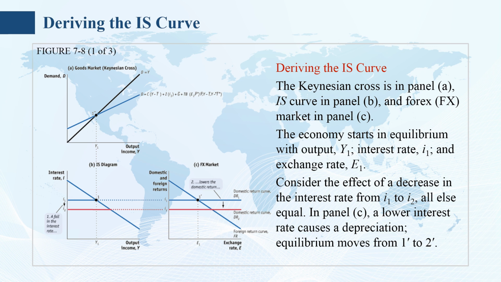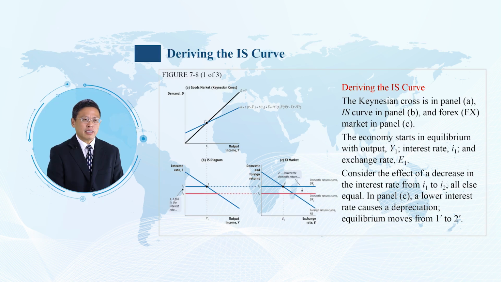We thus know that if output Y is at a level consistent with demand equals supply, shown in the Keynesian cross in Panel A, and if the interest rate I is at a level consistent with uncovered interest parity, shown in the foreign exchange market in Panel C, then in Panel B we must have a combination of Y and I that is consistent with equilibrium in both goods and foreign exchange markets, deriving the IS curve.